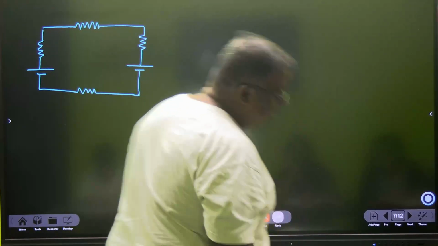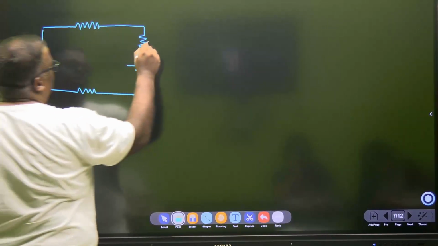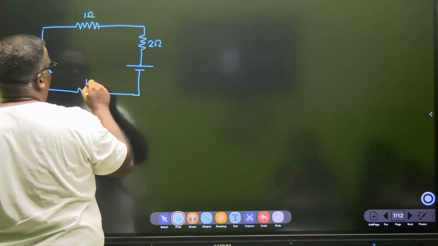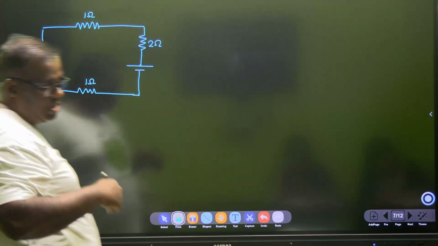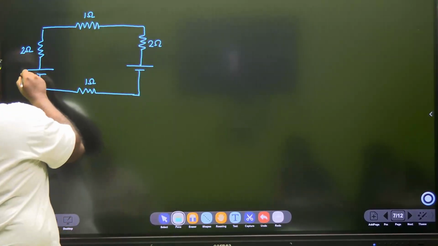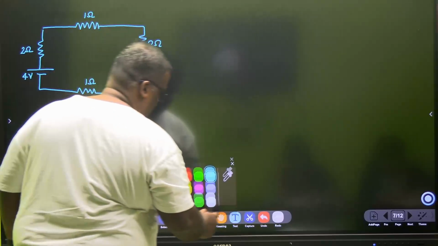Two two one one. 2 ohms, 2 ohms, 1 ohm, 1 ohm. Okay? And 4 volt, 10 volt. 4 volt, 10 volt. Right, children.